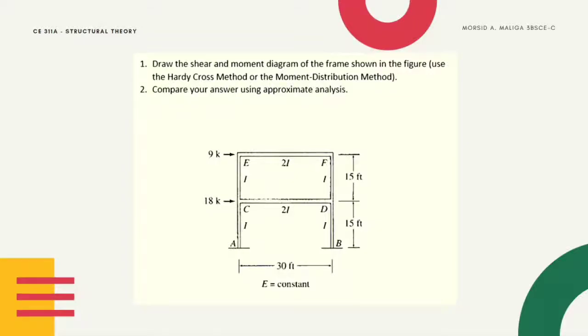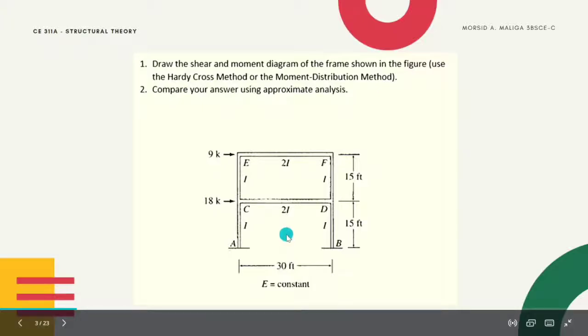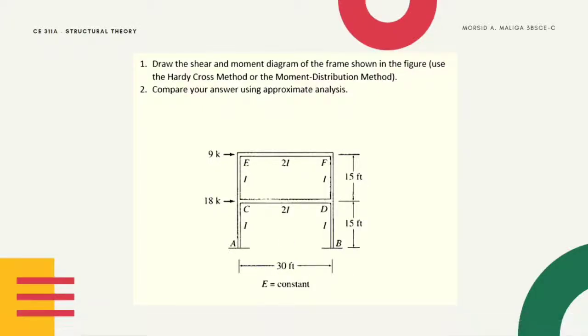So this is our problem. As instructed in our problem, first, we have to draw the shear and moment diagram of the frame shown in the figure. So ito yung figure natin. Ito siya. So use the Hardy-Cross method or the moment distribution method. So ang gagamitin natin is the moment distribution method.